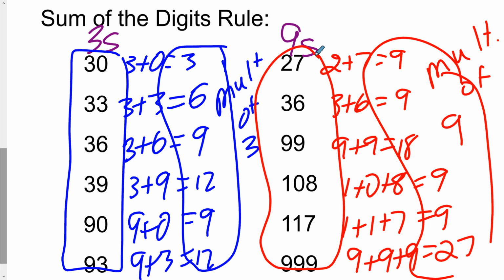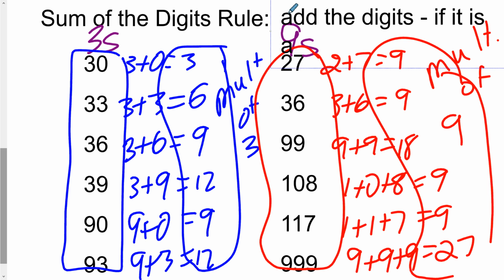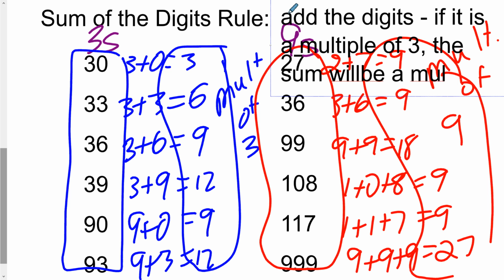So the sum of the digits rule, what it tells us is to add the digits. If it is a multiple of 3, the sum will be a multiple of 3.